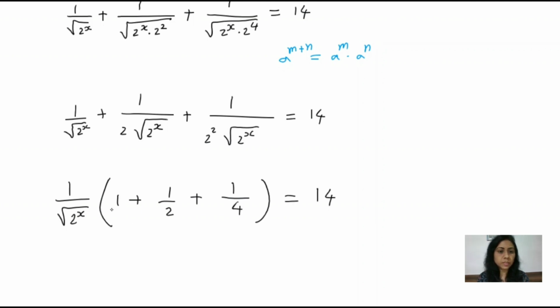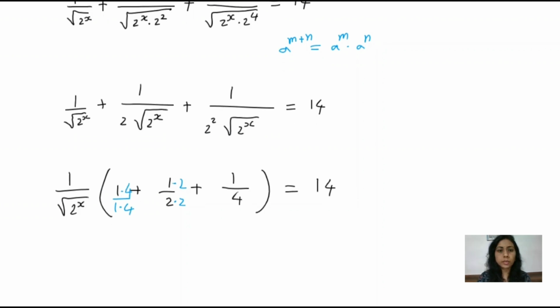In this parenthesis, these are fractions, so when we add or subtract fractions, we have to make the same denominator. The least common multiple of 2 and 4 is 4, so we have to make the denominator 4. Here it is already 4, here we multiply by 2, 2 times 2 is 4, and here 1, so we multiply by 4.